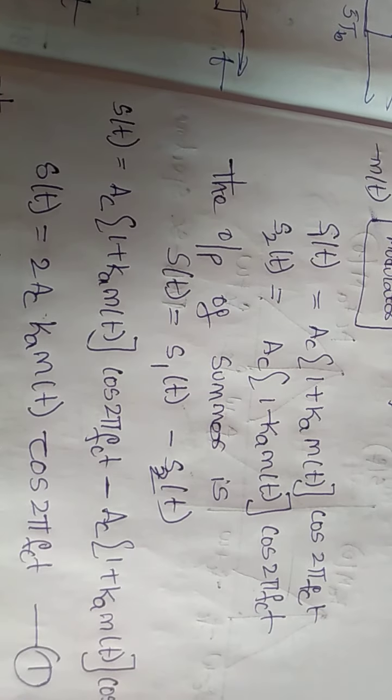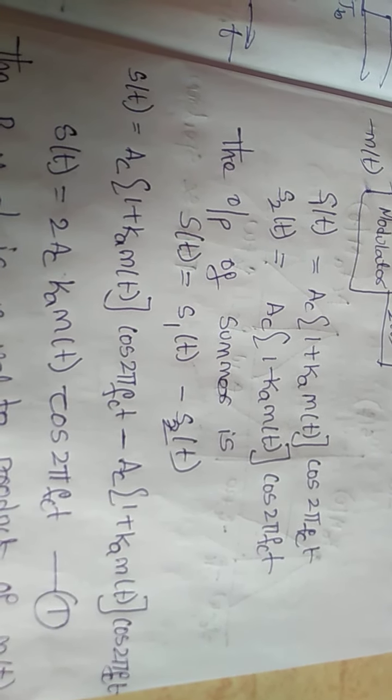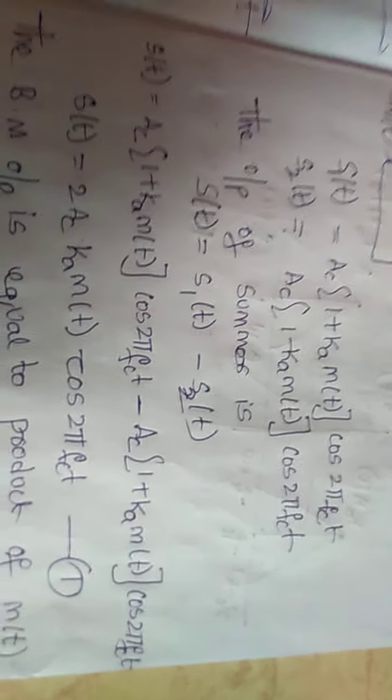And the output of the summer is S of t equal to S1 of t minus S2 of t. We just need to subtract S2 from S1.